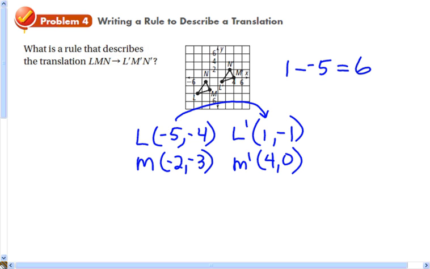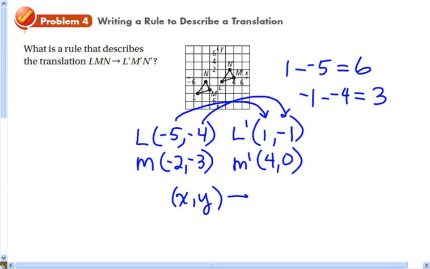And then to go from negative 4 to negative 1, negative 1 minus negative 4 is equal to 3, so that means we're adding 3 there. So I'm going to guess that we are mapping our pre-image to our image by adding 6 to the x-coordinate and adding 3 to the y-coordinate.